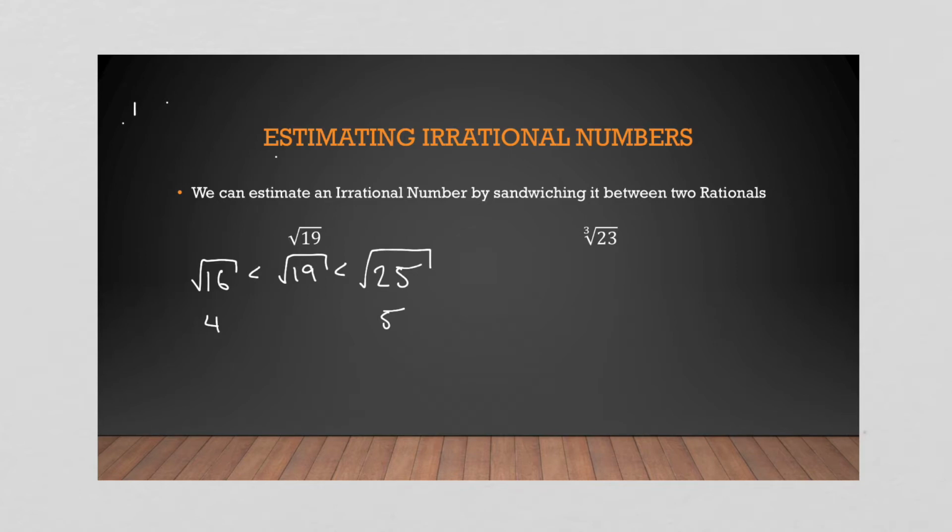But then if you look at the fact that 16 to 25 is a difference of 9 numbers, and that 16 to 19 is a difference of 3 numbers, it means that 3 out of 9, which is 1/3, which is 0.333 repeating, is the amount in between 16 and 19.